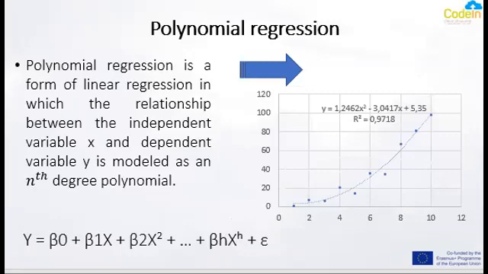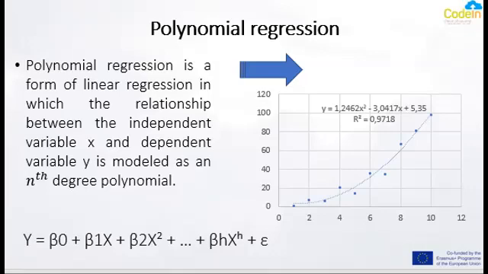In polynomial regression, the relationship between the dependent variable and the independent variable is modeled as an nth-degree polynomial function. When the polynomial is of degree 2, it is called a quadratic model. When the degree of a polynomial is 3, it is called a cubic model, and so on.